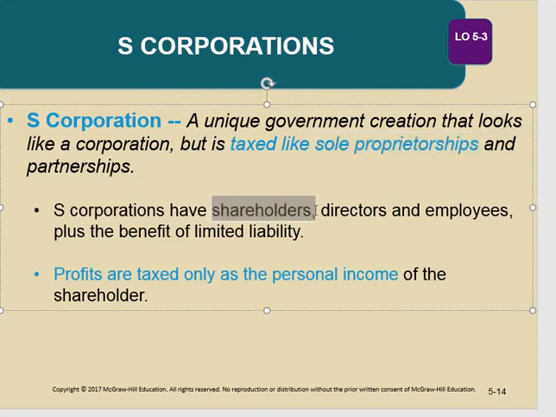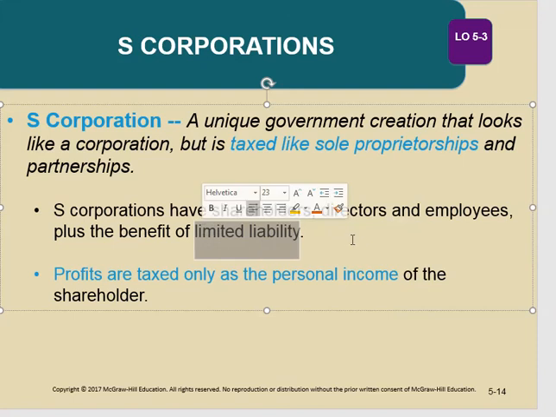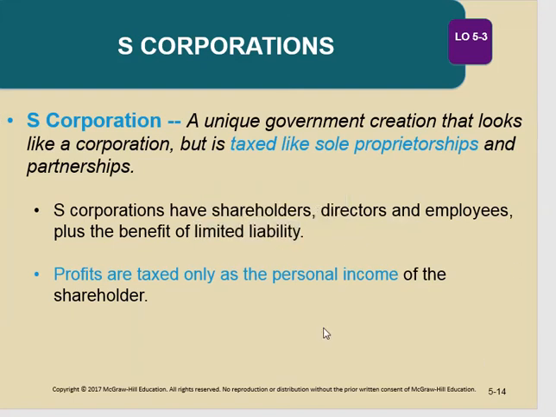However, you can have shareholders, so you can sell stock in your company, and that allows them to have limited liability. And the profits are only taxed once. So remember, the disadvantage of corporations, particularly the C corp, is the double taxation. Well, for an S corp, it's only taxed once.